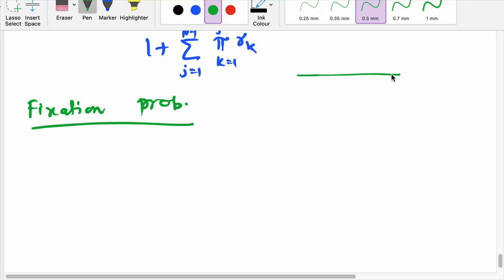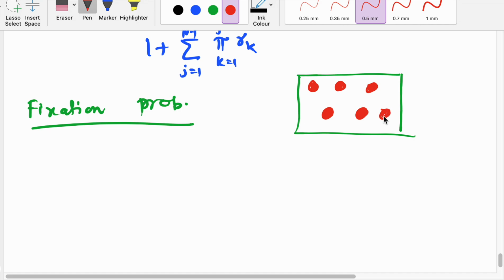Suppose in the population all b type individuals are there. Now we want to ask one question: suppose by some mutation, suddenly one b type individual produces one a type individual in an all b type population.